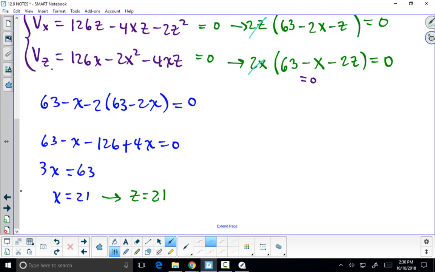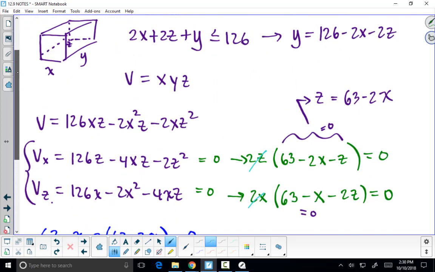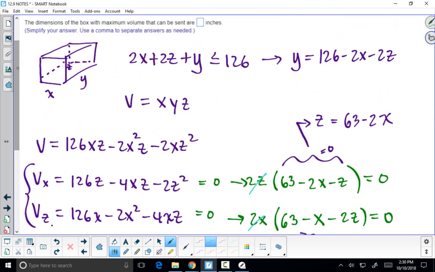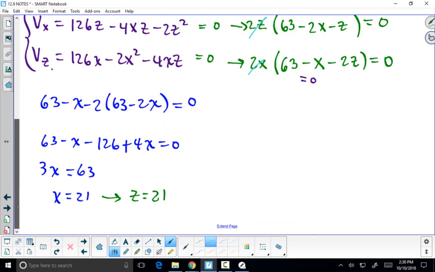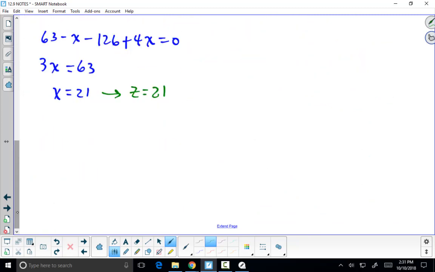Now that we have x, we have z. To get y, we go all the way back to the top right there. y is 126 minus twice the sum of those, which is 42.